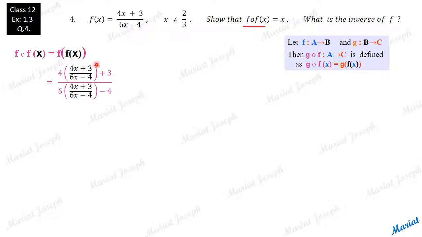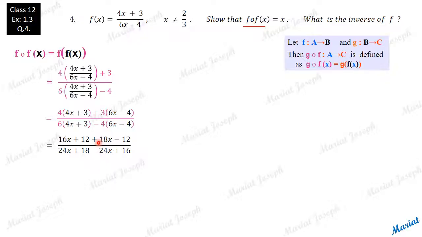Let's simplify it. LCM and simplification gives 4(4x+3) + 3(6x-4), whole upon 6x-4, over 6(4x+3) - 4(6x-4) over 6x-4. The denominator is the same, 6x-4. Simplify further: 16x+12+18x-12 upon this whole thing.